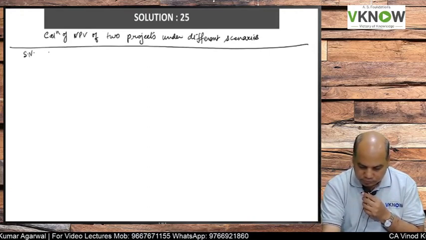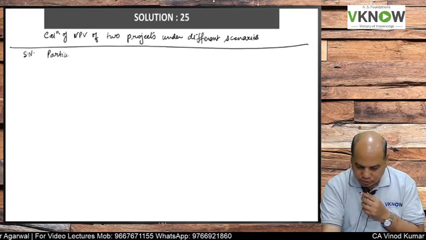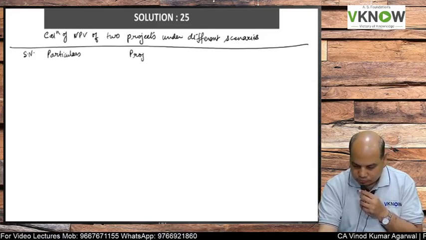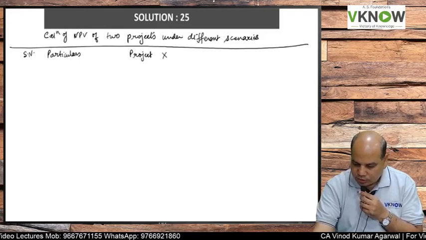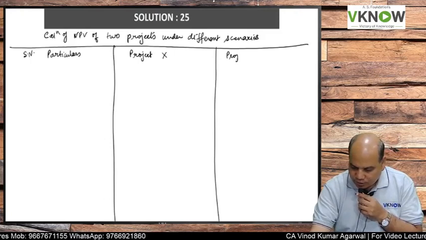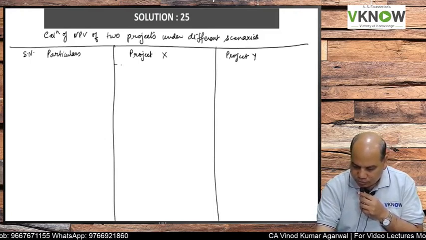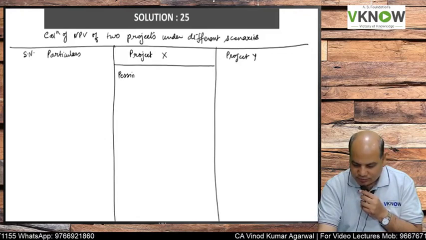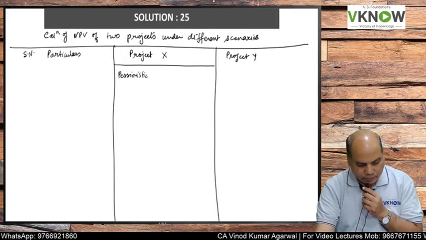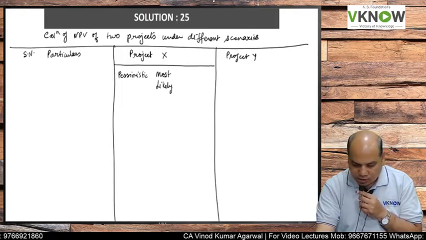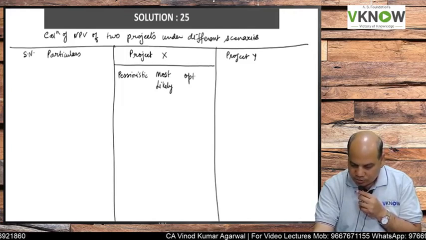Serial number, particular, then project X will have 3 columns and project Y will have 3 columns. Which 3 columns? Pessimistic, most likely, means average, and optimistic. Everything is going great.